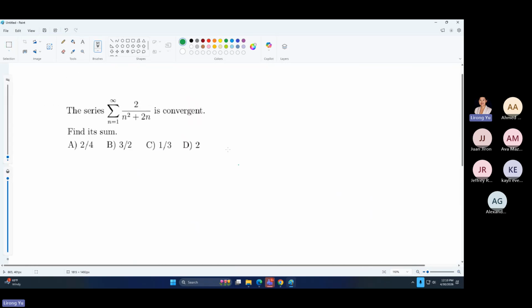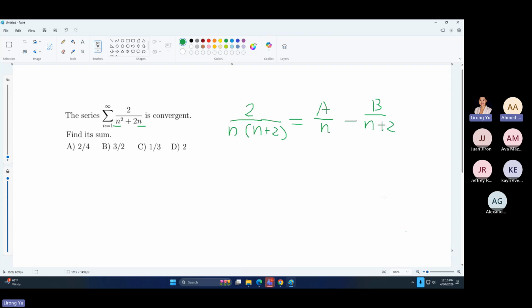So we rewrite this as 2 over n times n plus 2, factoring out the n in the denominator. Using the decomposition process, this is equal to a over n minus b over n plus 2. I'm doing partial fraction decomposition here.